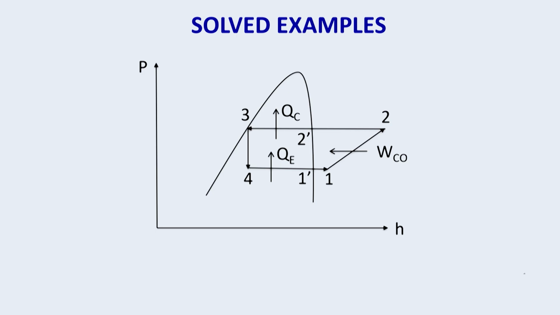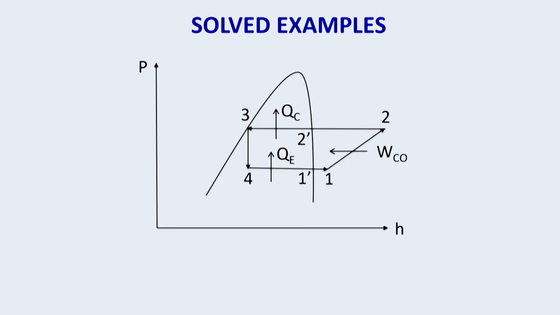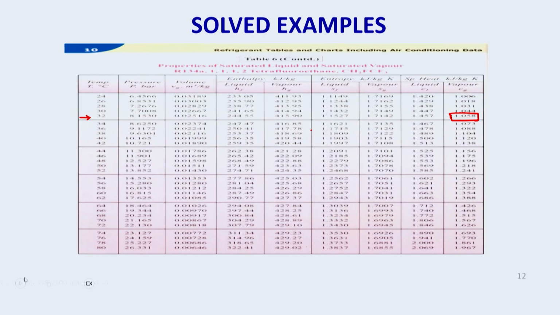If you look at the diagram, 2 dash is on the saturated vapor curve corresponding to 32 degrees centigrade, which is the condenser temperature. Corresponding to 32, the vapor entropy is 1.7142.